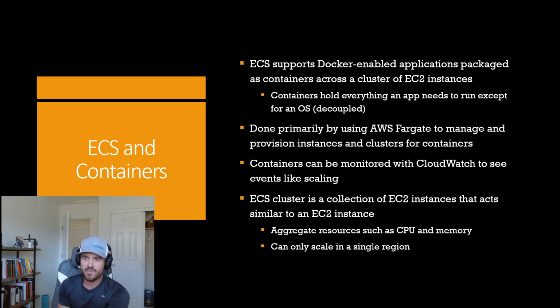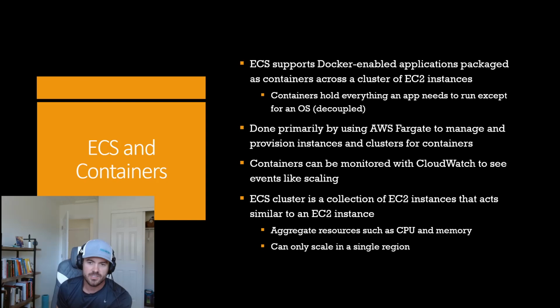Containers essentially hold everything an app needs to run except for an operating system, which is what gives them that element of being decoupled and makes them very lightweight. All right? It's done primarily by using AWS Fargate behind the scenes to manage and provision instances and clusters for your containers. Containers can be monitored with CloudWatch to see events like scaling in or out.